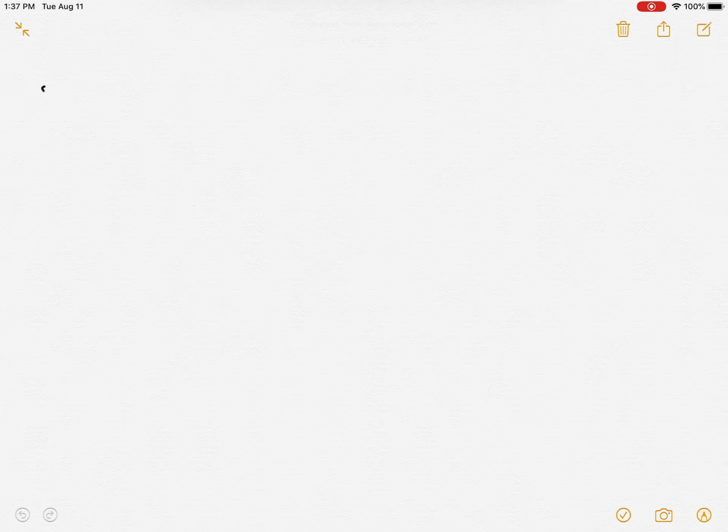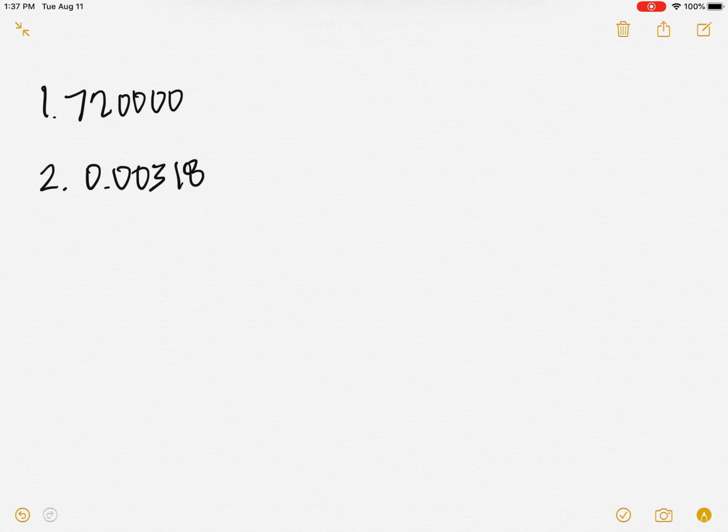So the first practice says, write the following numbers in scientific notation. So let's see. And again, if you want to just do this and then check to see if your answers are correct, that's perfectly fine. But I will walk through these. Okay, so write the numbers in scientific notation.